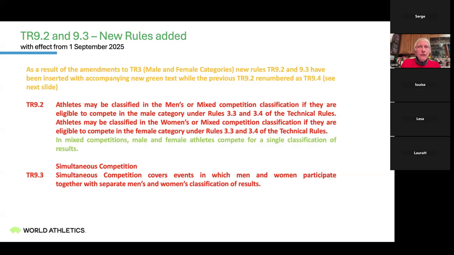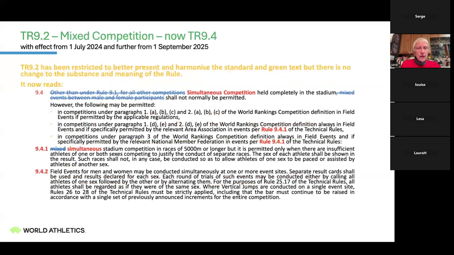So if I'm in a field event and I'm in a track event at the same time, we all know that track takes precedence over field, that I tell the referee, could you change the order? I'll be right back. I go run my 100, I come back and finish long jump. All right, that's concurrent events. Simultaneous competition is men and women competing together with two separate sets of results. Hopefully we haven't confused you on that.